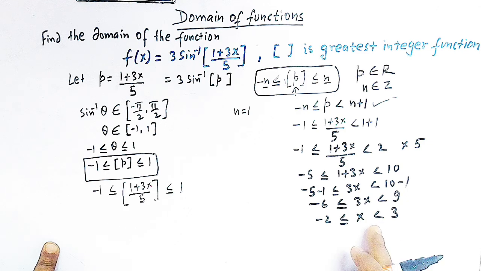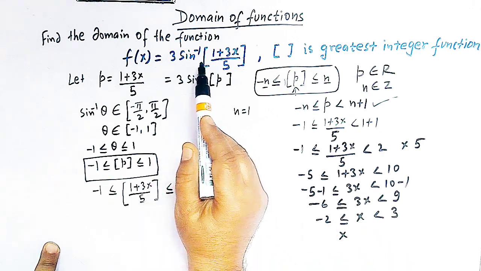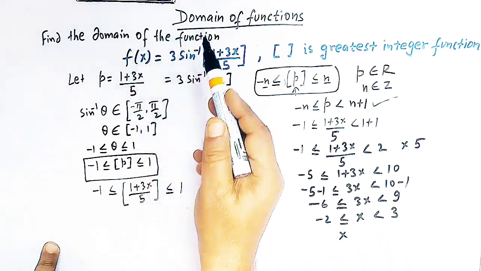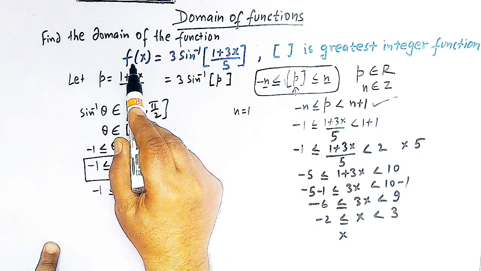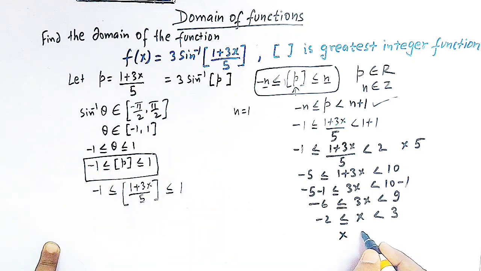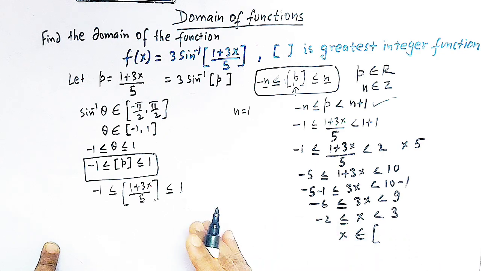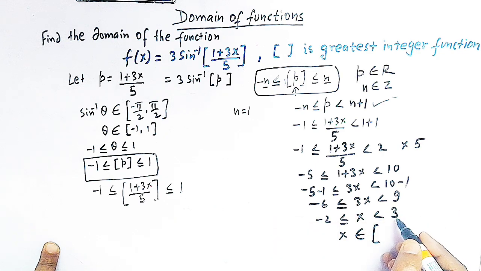So from this inequality we can conclude that the valid values of x for which this function is defined, that is the domain of this function f of x, should be given by this interval which is closed from the left and open from the right.